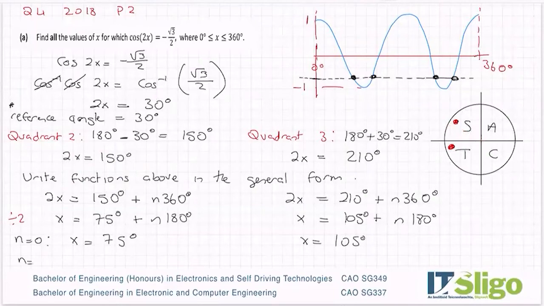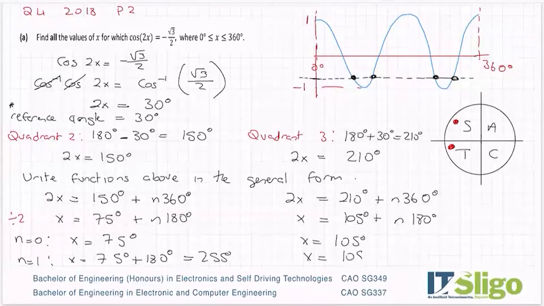And then when n is equal to 1, we're on our first rotation. So we have 1 done and we're over here. So we get x being equal to 75 degrees plus 180 degrees. So 180 plus 75 is 255 degrees, and x is equal to 105 degrees plus 180 degrees, which is 285 degrees.